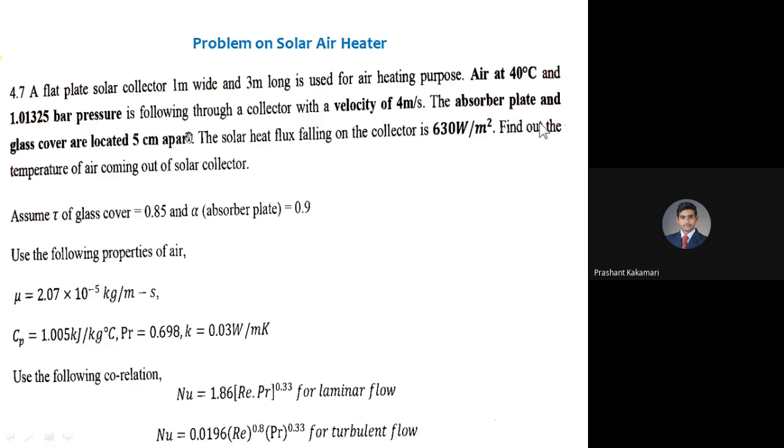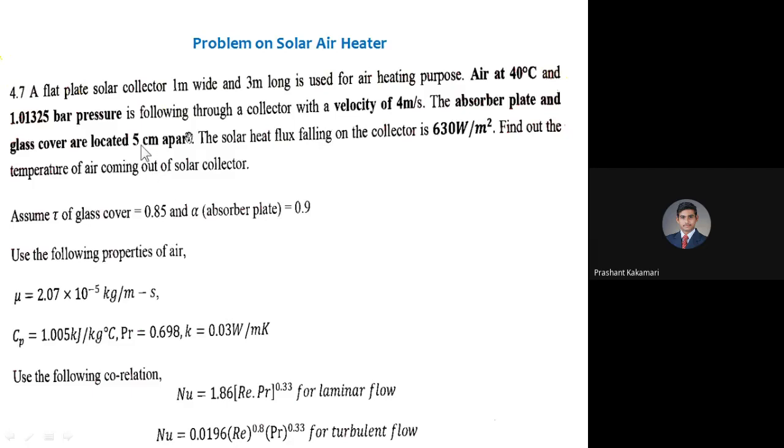So finally, using all these given data, we need to find out the temperature of the air coming out of the solar collector. The air at 40 degrees centigrade is the inlet temperature. The outlet temperature we need to find out. Atmospheric pressure is given. Total flat plate collector width is 1 meter, length is 3 meters, so you can consider W as 1 and length as 3 meters. Then velocity is given, 4 meters per second.